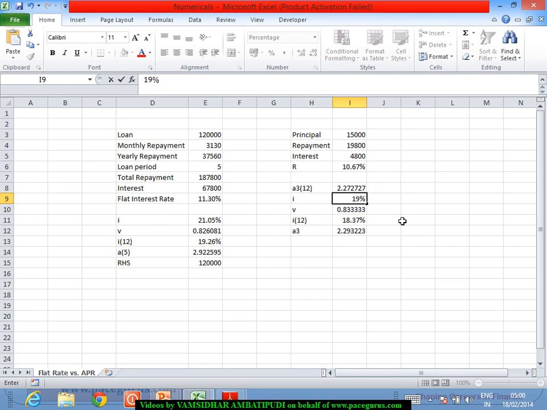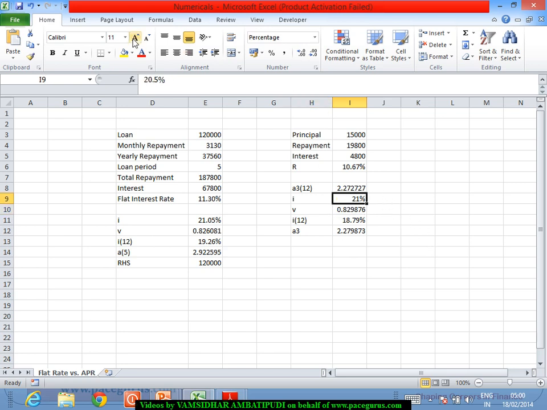So making it 19%, this is increasing. So make it 21%, it is 2.26. So we have to do an interpolation out there. So instead of 21, probably I can try out 20.5, which is matching to some extent.